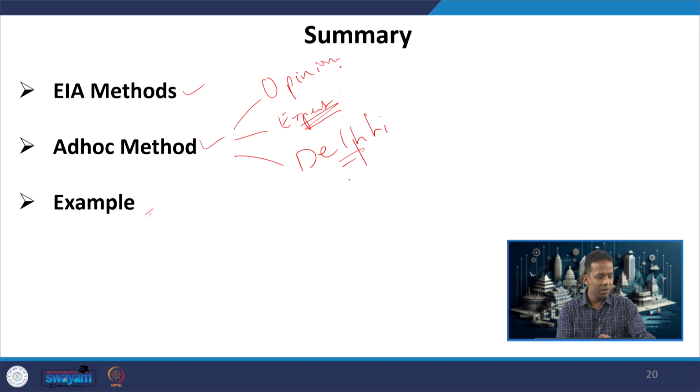Then we checked examples of ad hoc methods, like expert opinion mostly for a hydropower construction plant and for a construction project in a forest, and we saw different ways of representing the data obtained from the opinion poll, expert opinion or Delphi in the form of an EIA report.